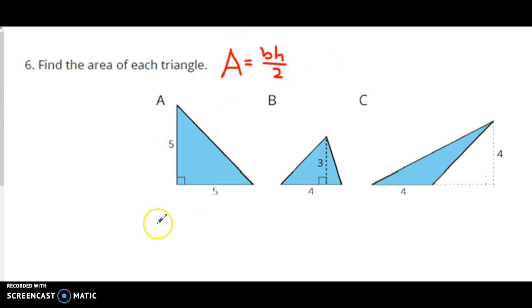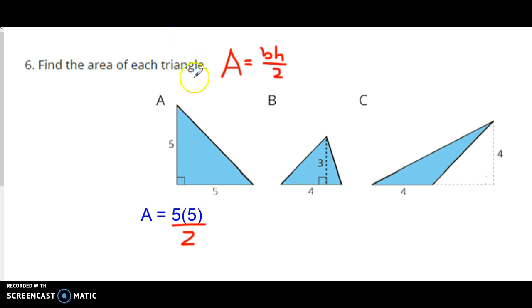So area of A. I'm going to type so it's a little more legible here. I know that area is going to equal base times height, which is 5 is my base. My height has to be at a right angle, so I have 5 divided by 2.